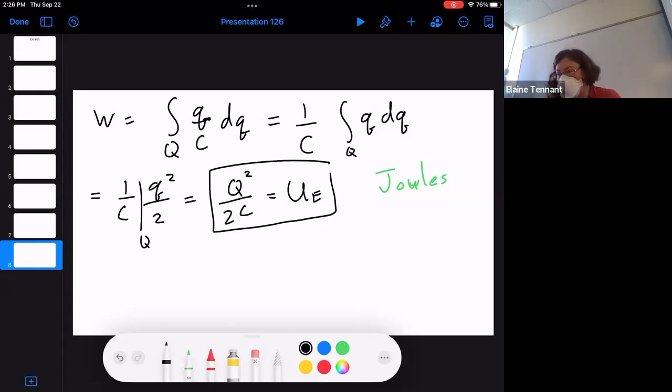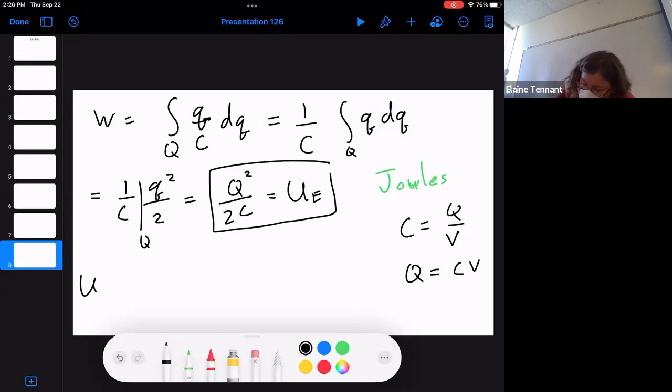Now you will see this in a ton of different formats. Since C equals Q over V, you can make all sorts of substitutions. Like you can say Q equals C times V, and then this becomes CV squared over 2C, or CV squared over 2.